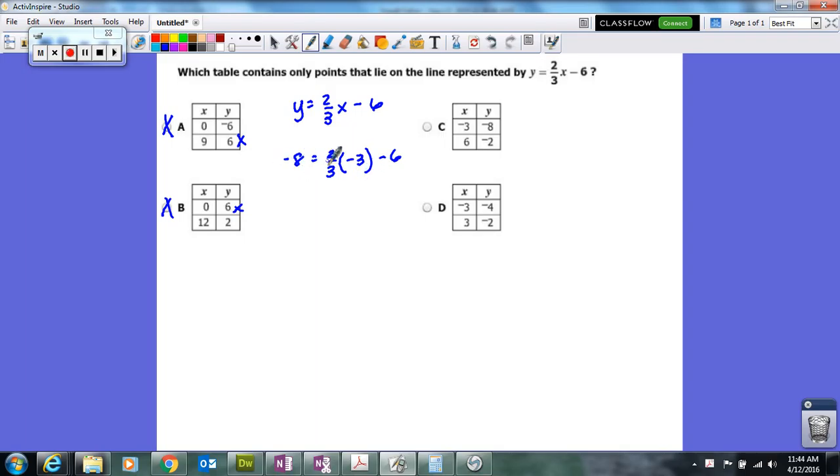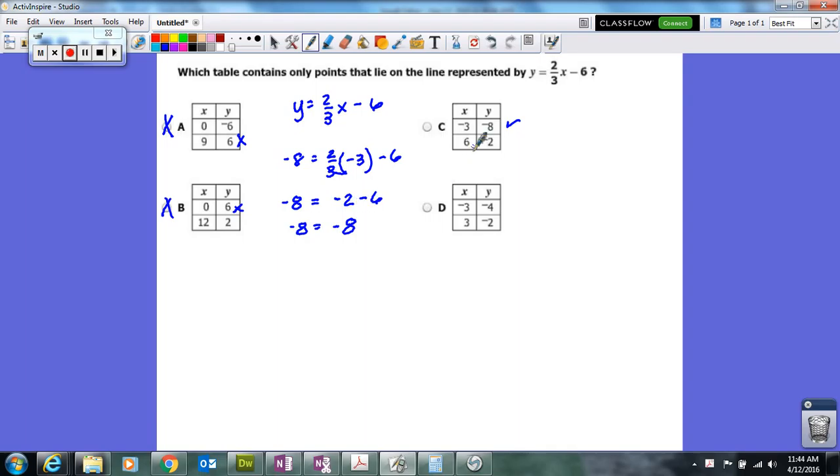And when I divide, sorry about that, 2 divided by 3, and I multiply that times -3, that gives me a -2 right there. Minus 6, does that equal -8? Indeed it does. -8 does equal -2 minus 6. So the first ordered pair in C checks out.